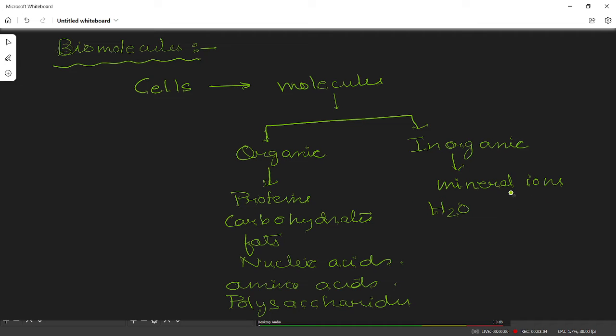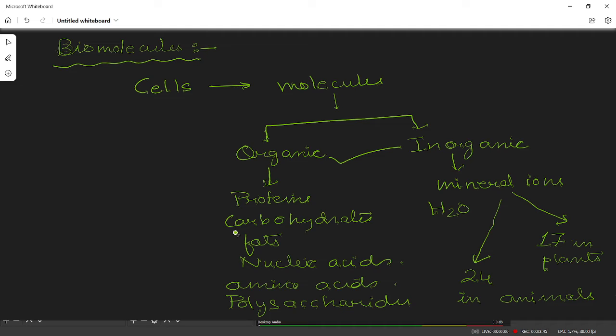Now these mineral ions, they can be of two types. 17 essential minerals are required for plants, and we know that in animals there are 24 essential minerals. Now in this chapter we are not going to discuss about the inorganic compounds. We will only discuss about the organic biomolecules.